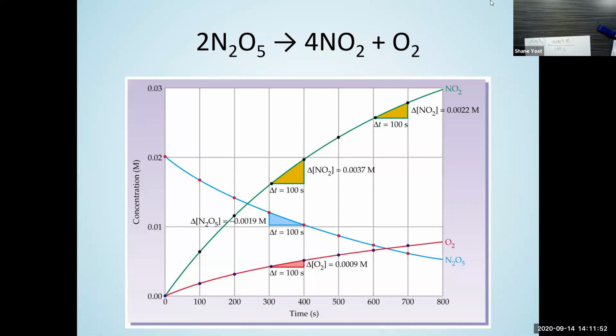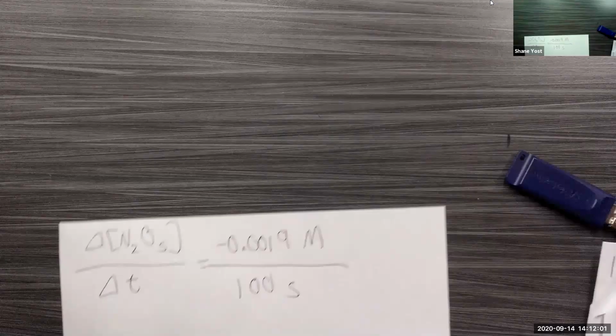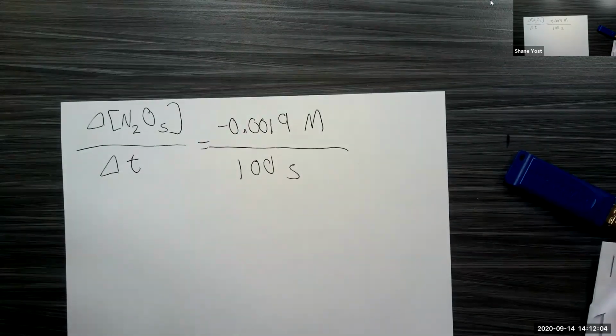If I want to look at the change in concentration over some change in time of my reactant, N2O5, plugging in those numbers will give me how quickly N2O5 is being consumed. When we talk about these things, we might talk about the rate of change of the concentration, or for reactants, often the rate of consumption. So how fast is my N2O5 being consumed?